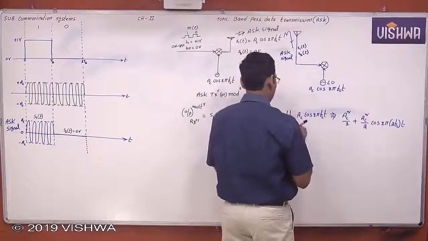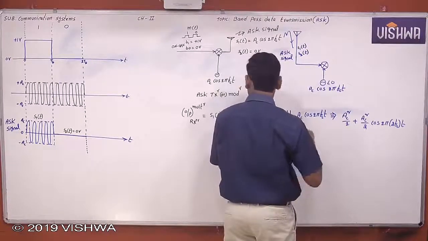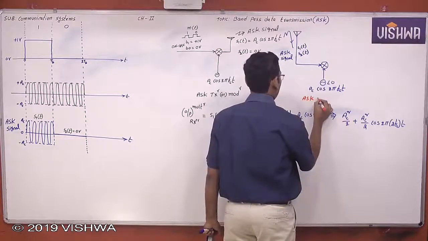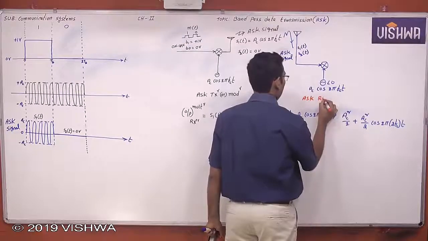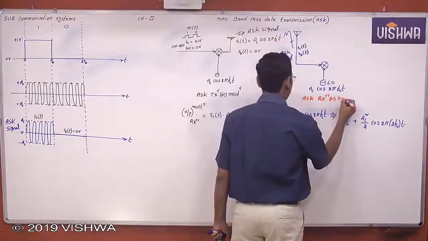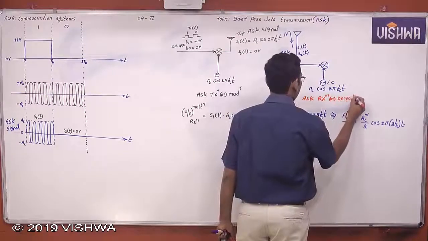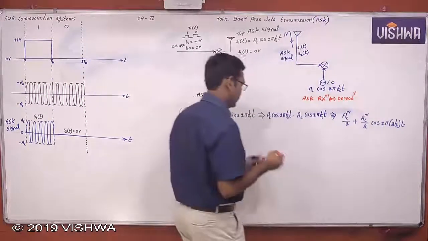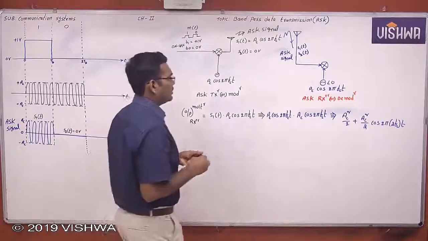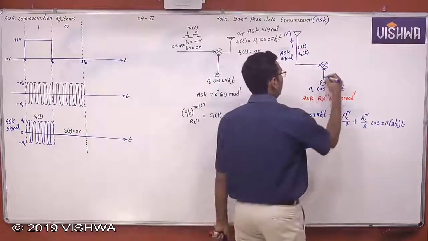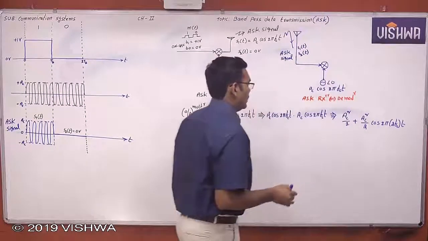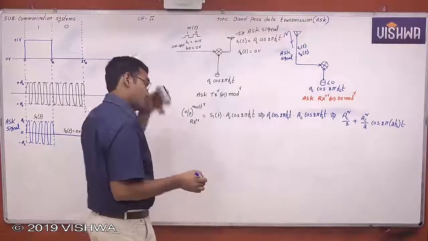This is the ASK receiver, or we call it the ASK demodulator. Now this is the output of the multiplier: AC square by 2 plus AC square by 2 cos 2 pi into 2FC into T.